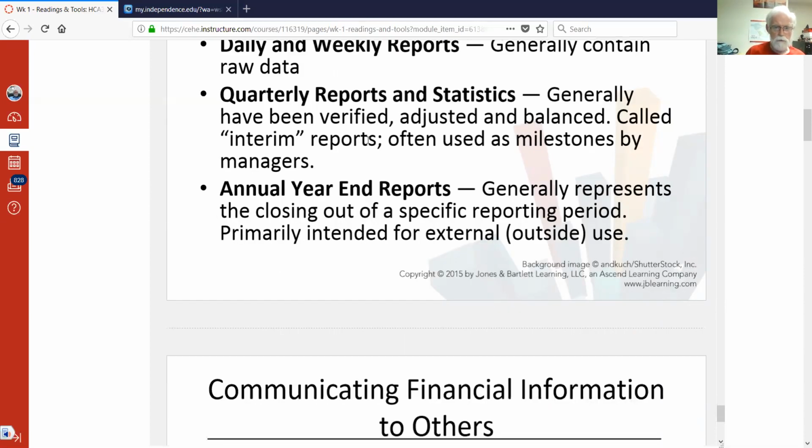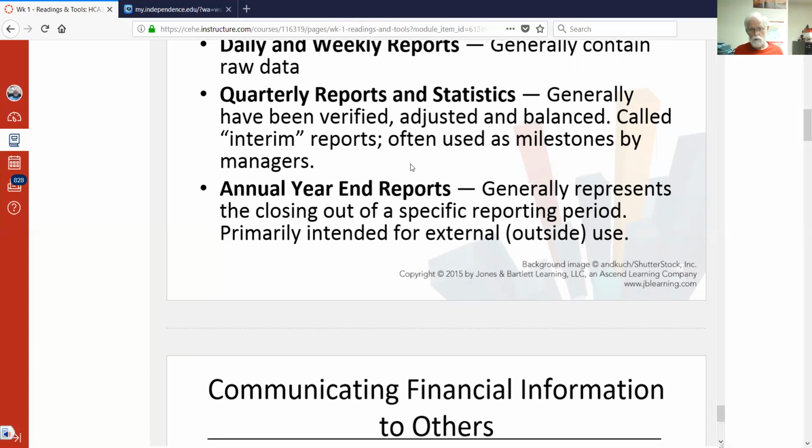And quarterly reports, these are really the statistics, and that can be just about any kind of statistic you want. And then the annual year-end reports, which are used, of course, as part of the basis for your annual tax filing. Your year-end, well, you need to know what your financial year is.